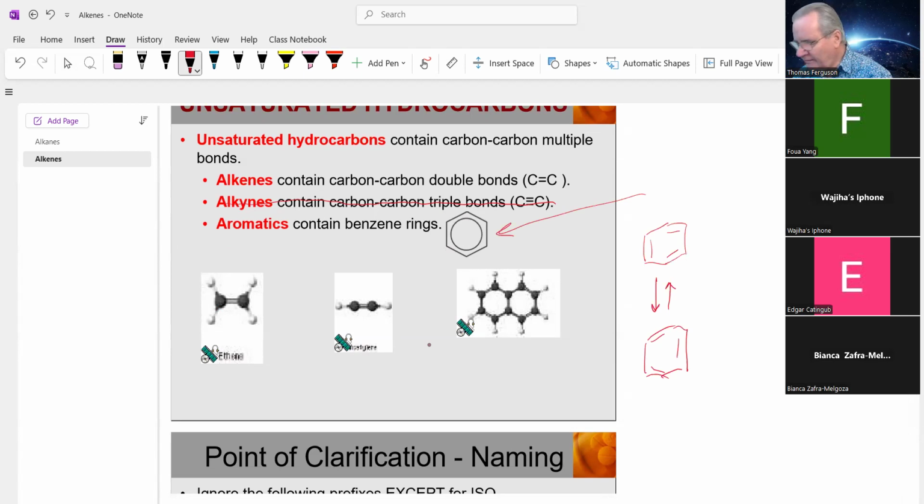This is a very, very stable configuration. That's why it's found in nature a lot. It's also very carcinogenic. Because it was so stable, it didn't react with very many things, and so they treated it that way.